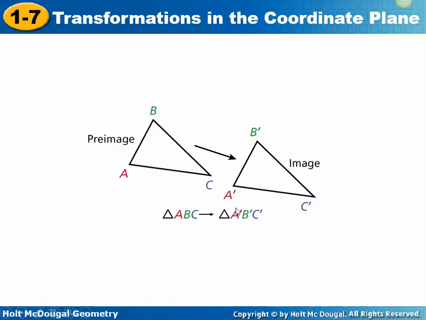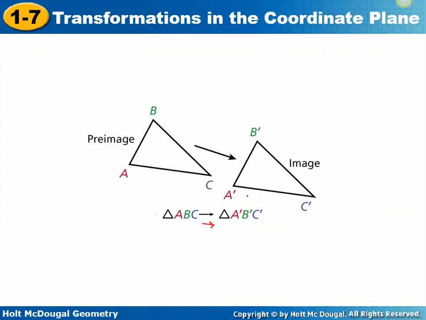Okay, so here's what we're talking about. We've got a pre-image, this triangle ABC, and it has been transformed, so that's what this arrow is showing, to triangle A prime, B prime, C prime. So all you do is put apostrophes after it. This would be a translation because we slid triangle ABC down and to the right so that we ended up with triangle A prime, B prime, C prime.